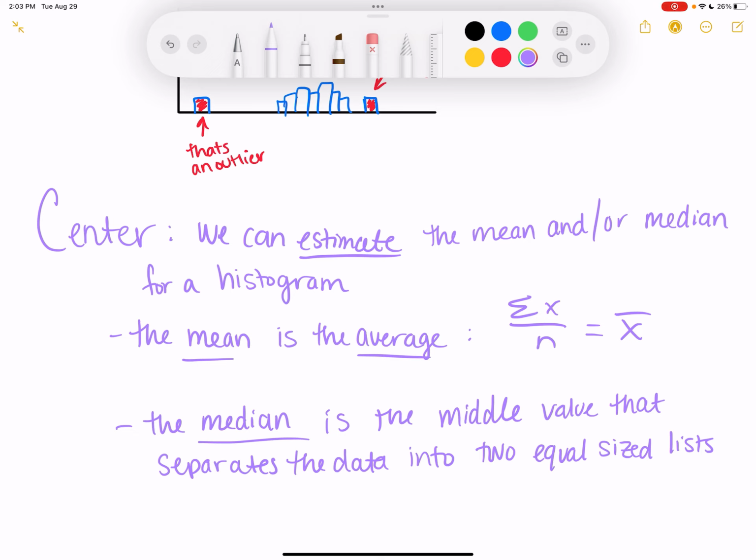So what you're ultimately going to learn is that both of these are very useful, and which one you prefer to use will depend on the scenario we have. Okay, because when we have something that's skewed, that can affect different things.